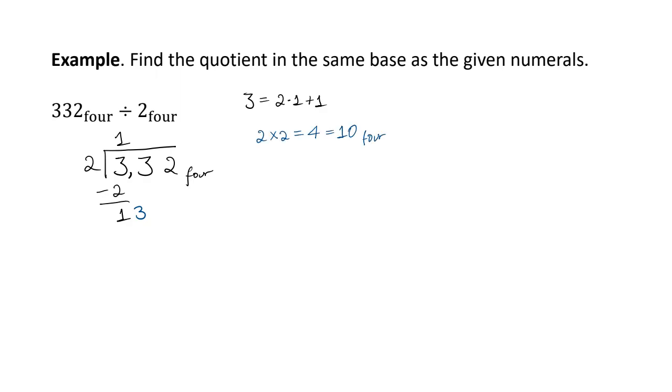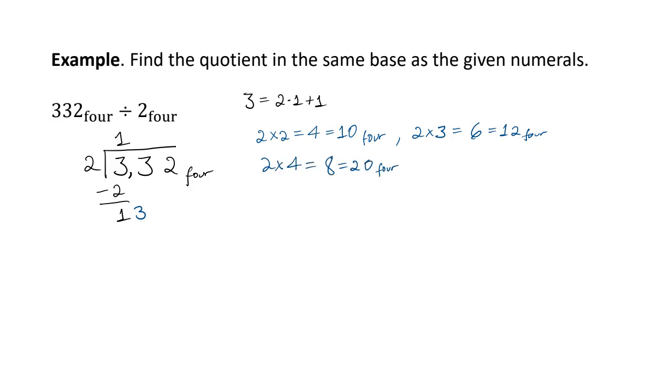For example, 2 times 2 is 4, but in base 4, the 4 is written as 1, 0. 2 times 3 is 6, but in base 4, that is 1, 2, because you need a 4 and 2 to get 6. And notice that I'm still a little bit below. 1, 2 is slightly less than 1, 3. It's 1 unit less. So I'm going to do one more just to be sure.